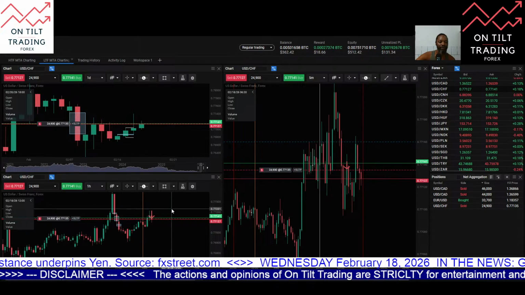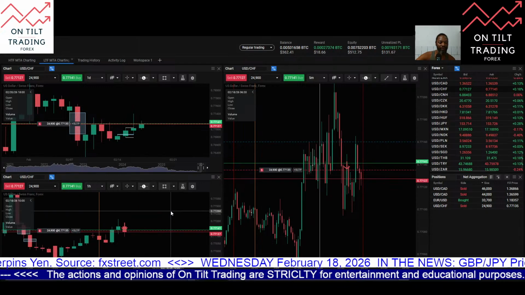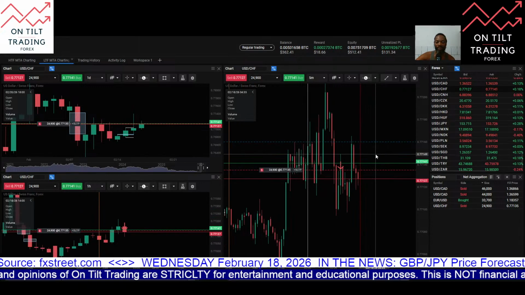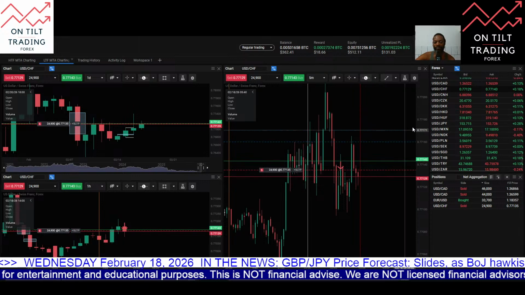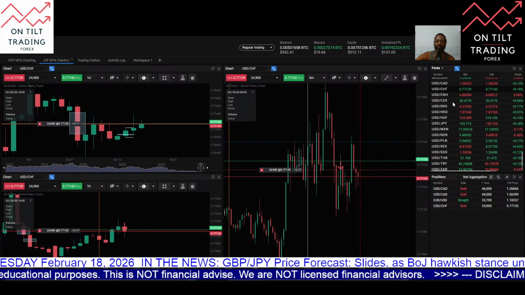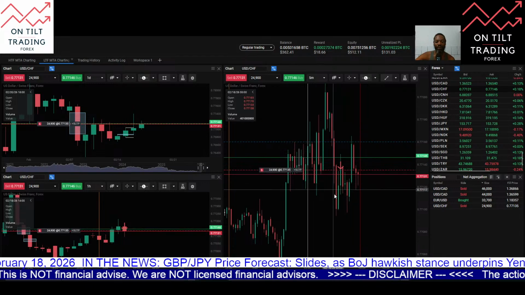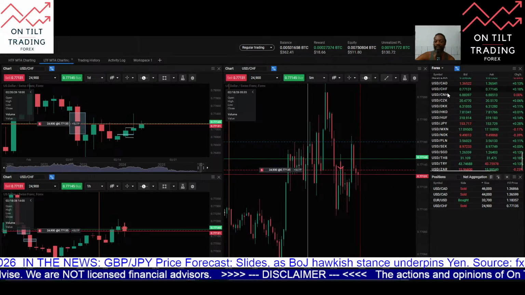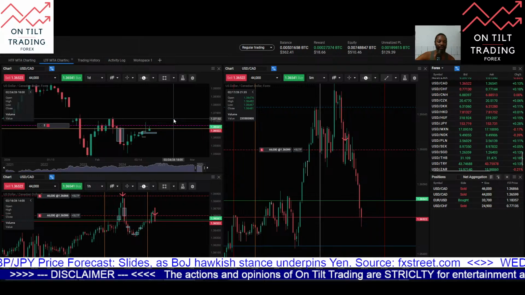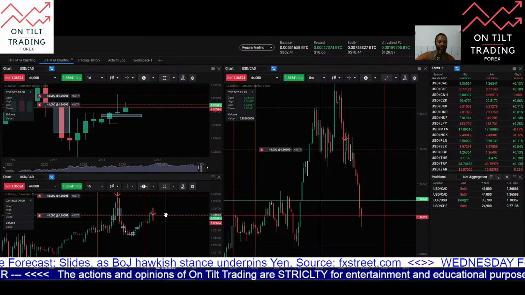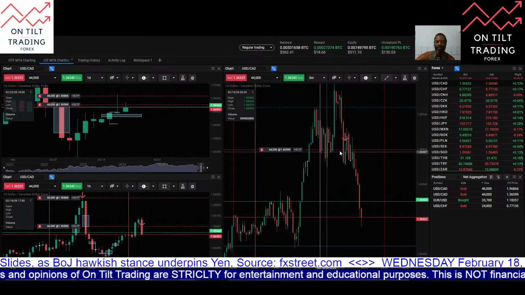Still showing some sell side delivery here. See if there's continuation to take profit. My entry price currently in between the bid-ask spread here. Seeing nice sell side delivery here on dollar CAD.